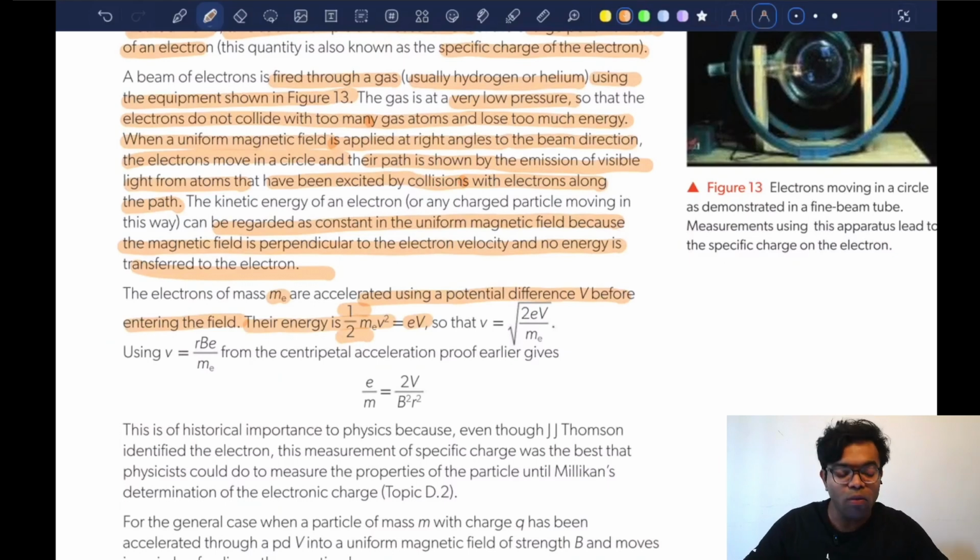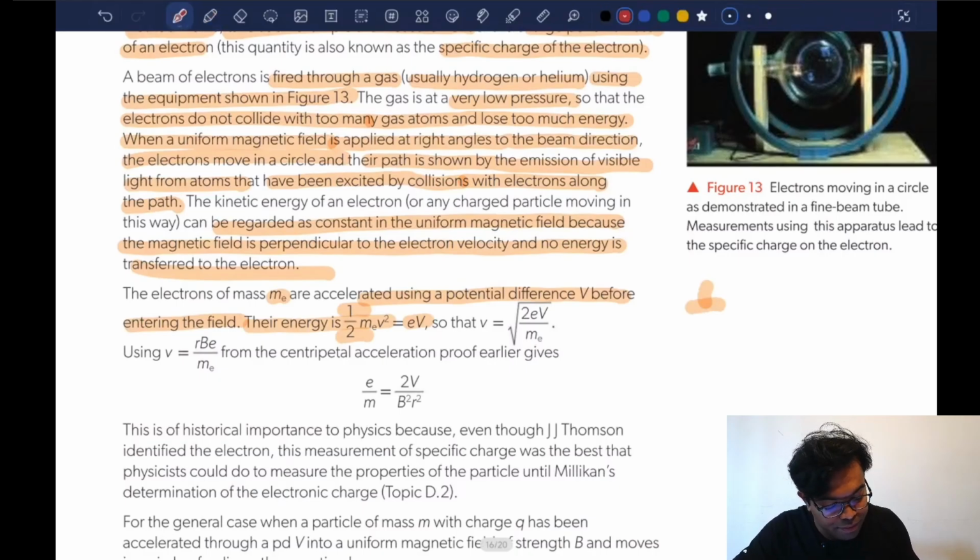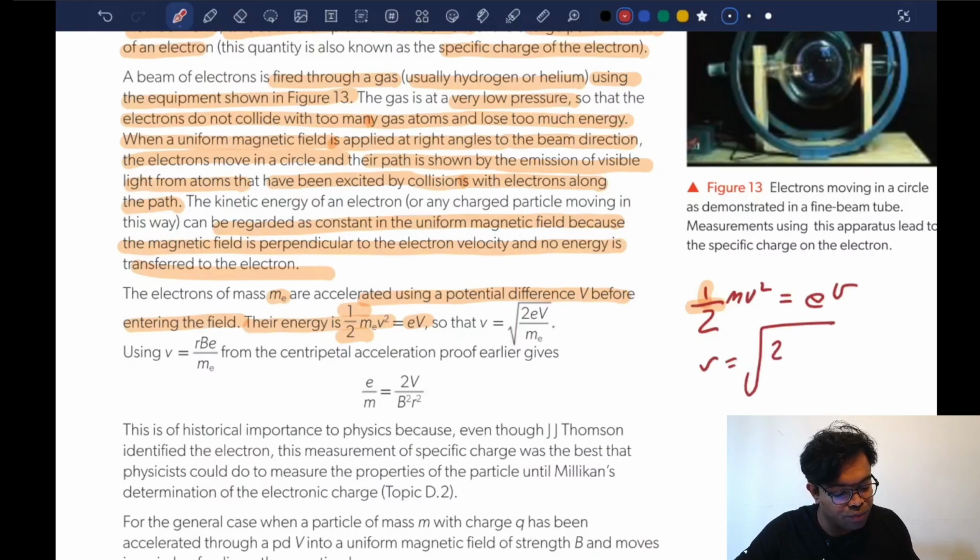Okay, now what you have to see is that your half m v squared is equal to eV. So let's actually derive it. You have half m_e, mass of an electron, v squared is equal to eV.